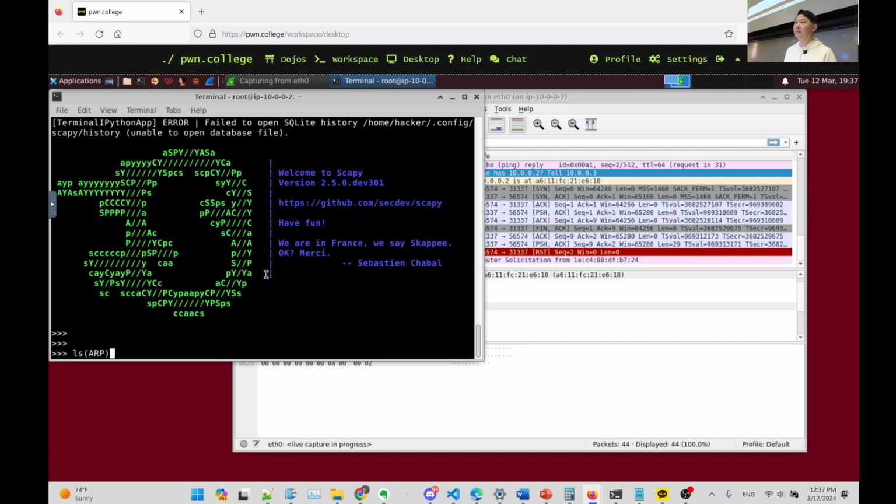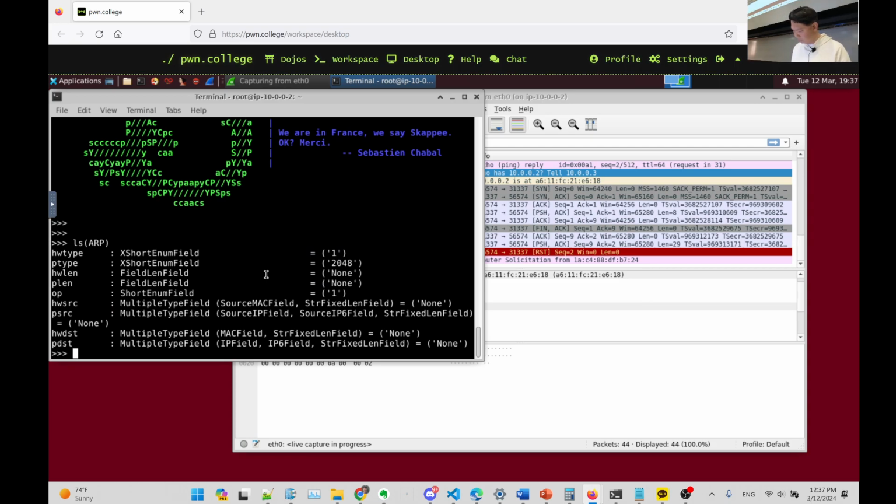They are case sensitive, so you should use capitals. Yes. So the first fields are hardware type, protocol type, and hardware length, and op. Yeah, this op mode is is-at or who-has, right?